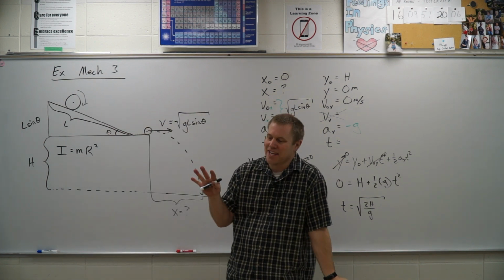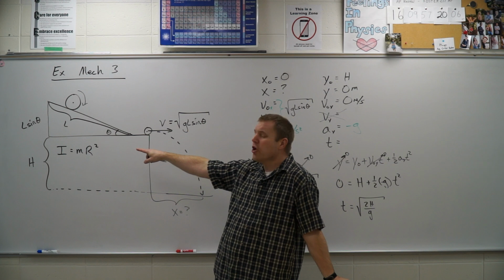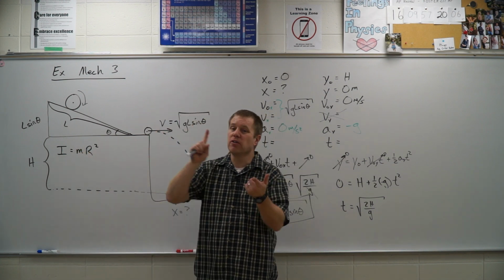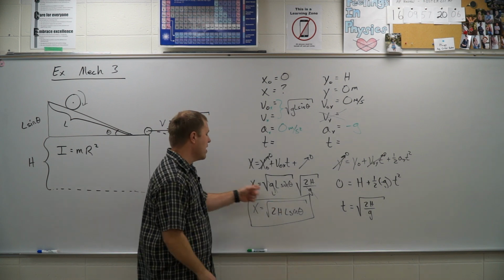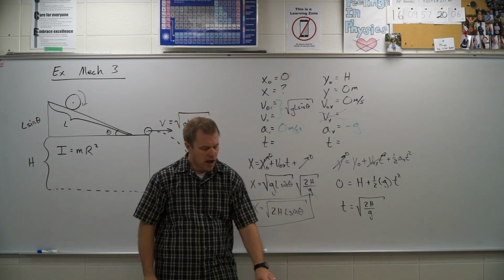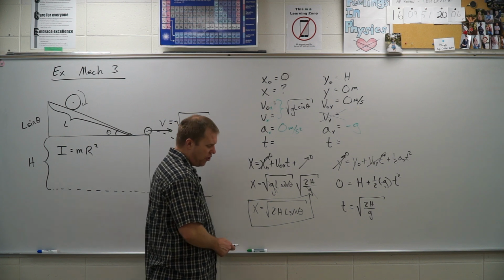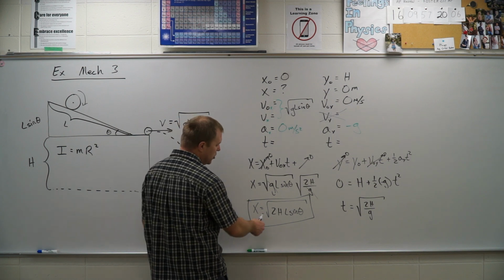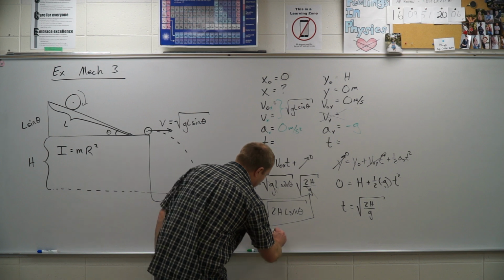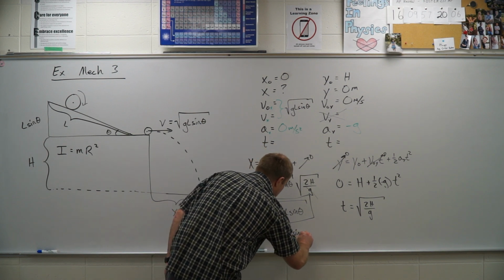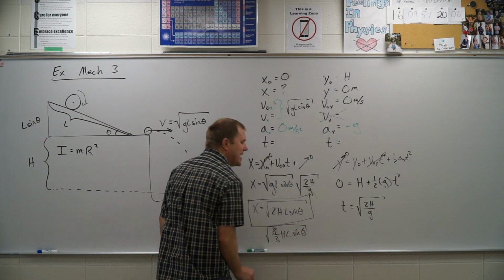I'm not going to show the second option, but what you could do is go back through, plug in your 1/2 m r squared for your I, calculate your final speed, and then recalculate this distance down here, and you'll get a value that is 8/3 here instead of 2. And so then you can say, okay, it's going to come out to the square root of 8/3 hL sine theta if we do that with a disk.